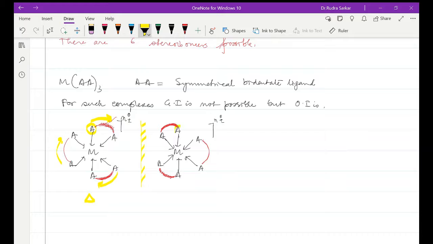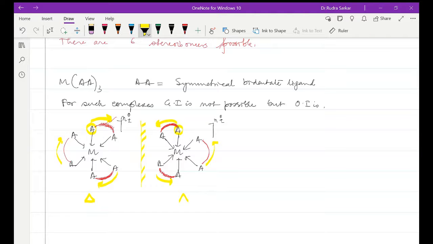However, when the connectivity of the A atoms is going in the left hand side, like that, it will be called a lambda. Okay, so instead of using D and L notations as we use in organic chemistry, we are using delta and lambda notations for indicating optical isomerism in inorganic complexes.